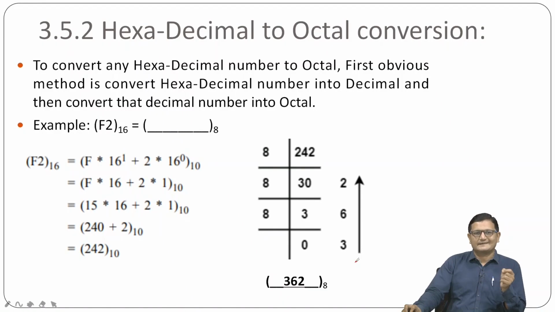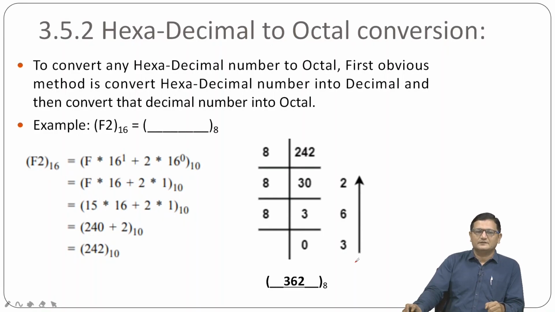Now in the third step, F represents which number? F represents 15, because from 0 to 9 we use the digits themselves, but 10 is represented as A in hexadecimal, 11 as B, 12 as C, and similarly F is 15.